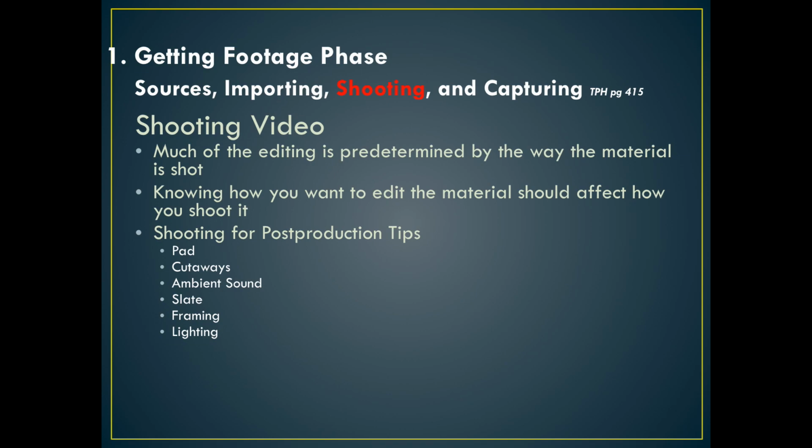Sometimes the way that you shoot something determines how it can be edited. So editing is determined by the way the material is shot. Let's say you shoot somebody with about a medium shot, so about from the waist up.